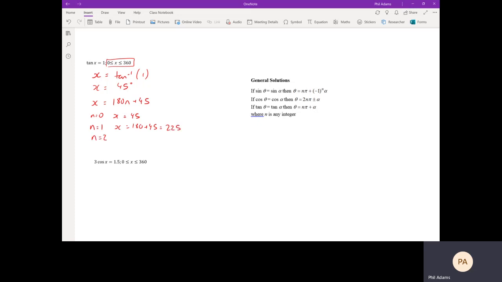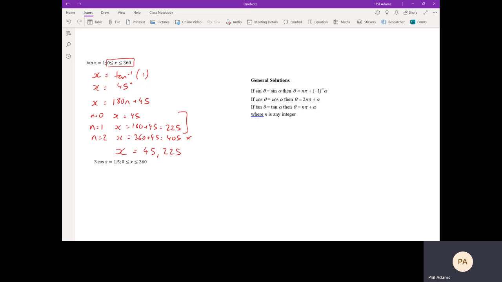If I go up to n equals 2, then that's going to be 360 plus 45, which is too high. Okay, we've gone too far. And besides, we knew we could have stopped after the first two because there should be two answers here. So our answers are 45 and 225.